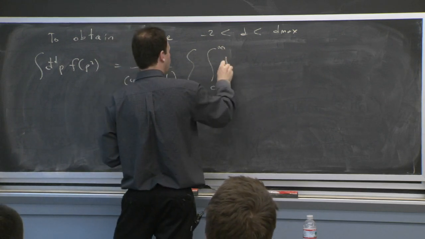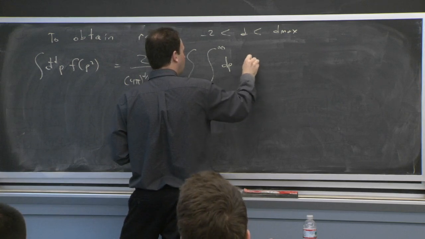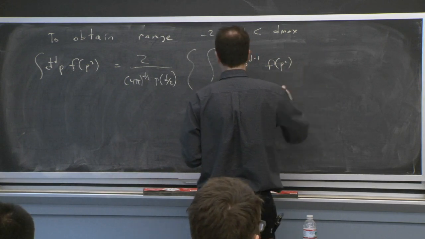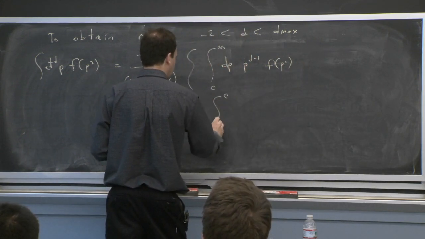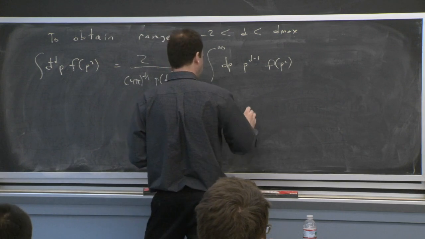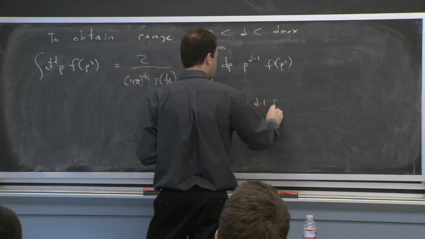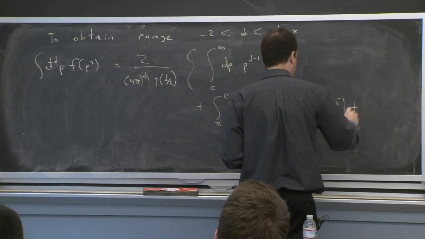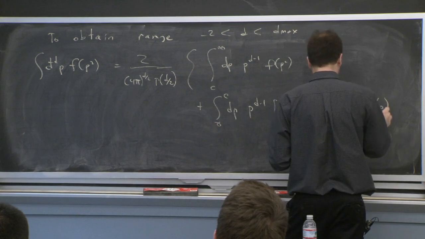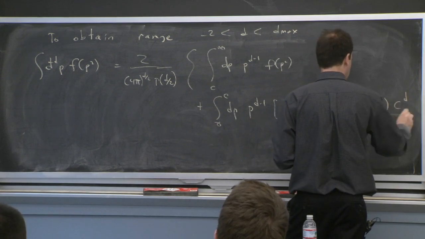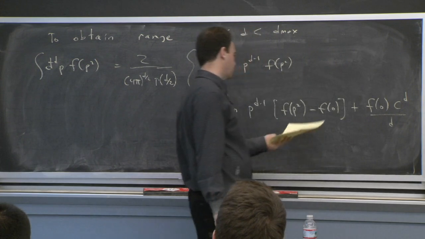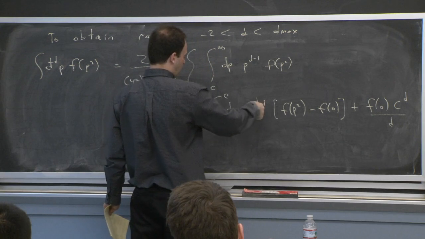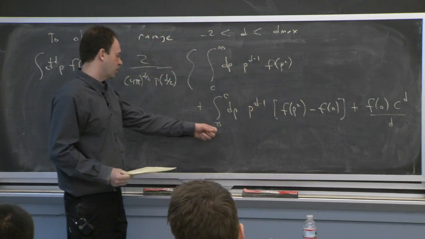Split up in the radial variable the piece that's ultraviolet, which is the high momentum piece, from the piece that's infrared. And in the piece that's infrared, we could also just do some addition and subtraction to make it more convergent as p goes to 0. So for example, we could subtract f at 0. This thing would fall off faster, and hence give more powers of p. And we could make it more convergent at 0.